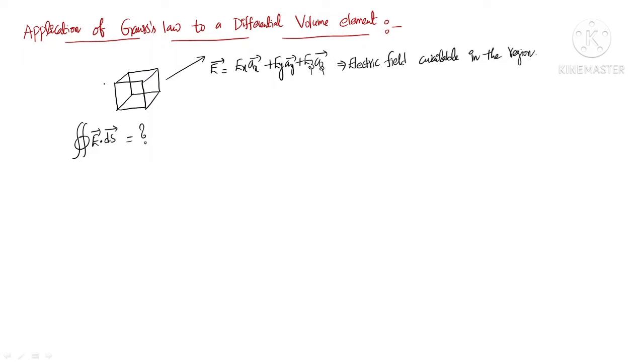Let us consider this as the y-axis, this as the x-axis as usual, and this as the z-axis. Let us also assume the small variation in x as dx, in z as dz, and similarly in y as dy.